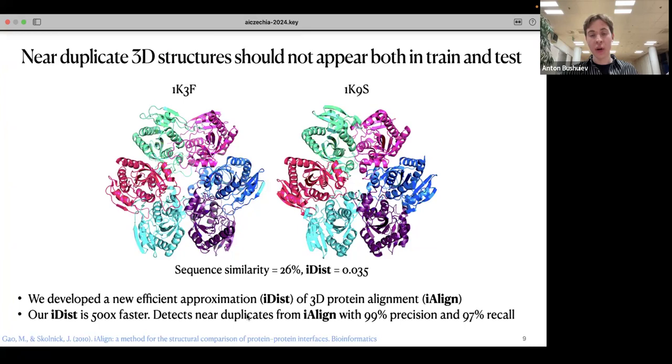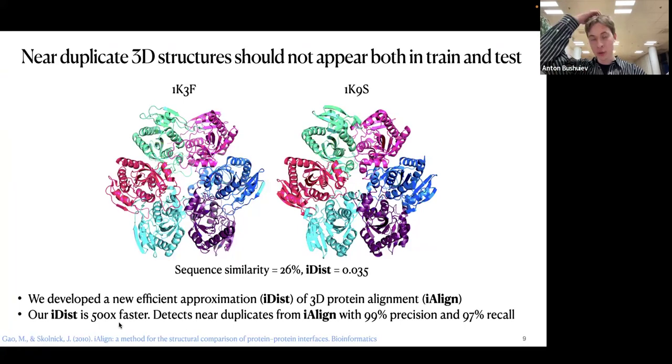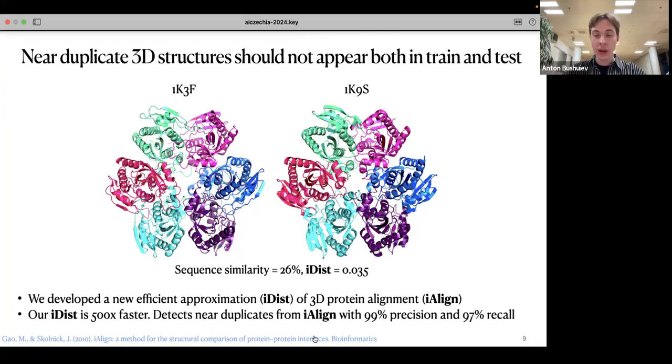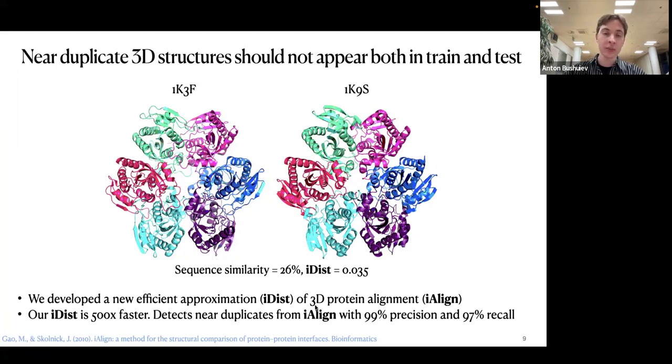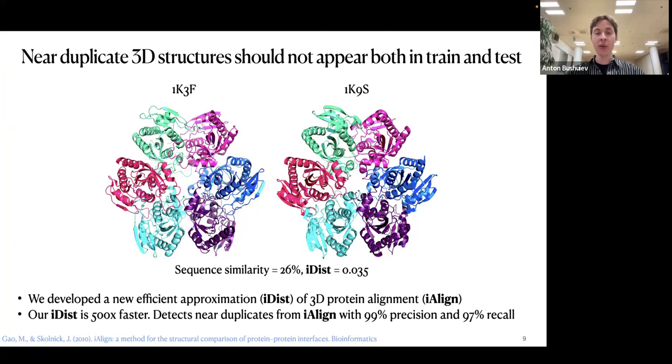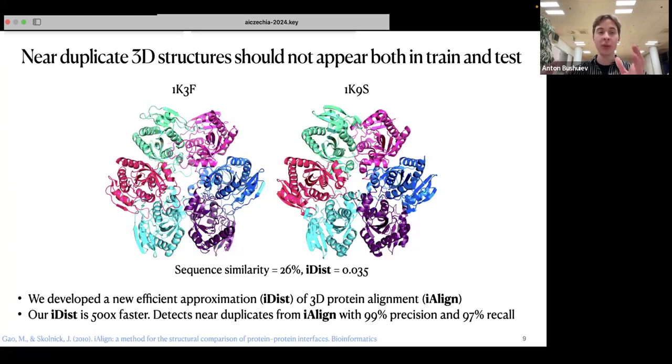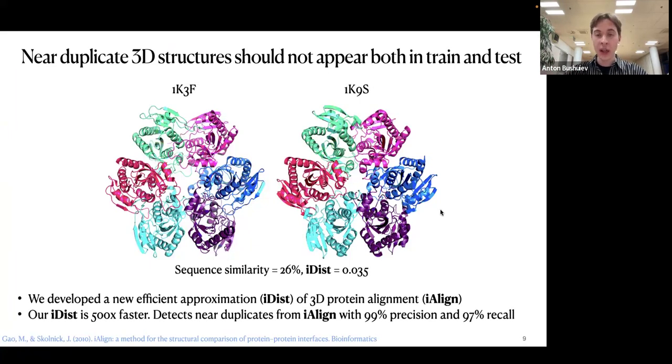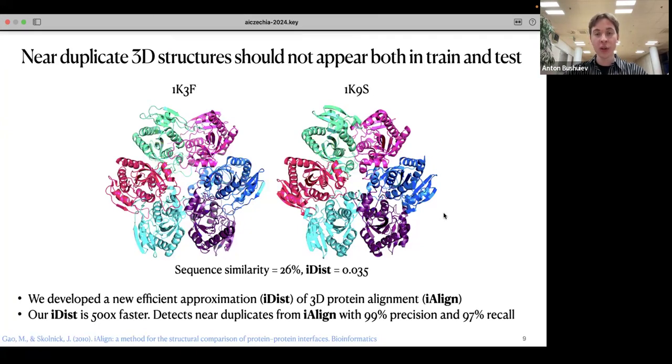And our approach is roughly 500 times faster than alignment-based methods, and it also has quite high precision and recall compared to standard alignment-based approaches. So now we have a large data set of unlabeled protein-protein interactions and also a tool to preprocess them, so to make splits and also to remove biases by removing near duplicates in data. And now we can finally proceed to machine learning.